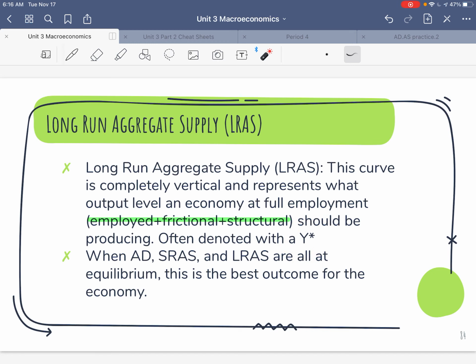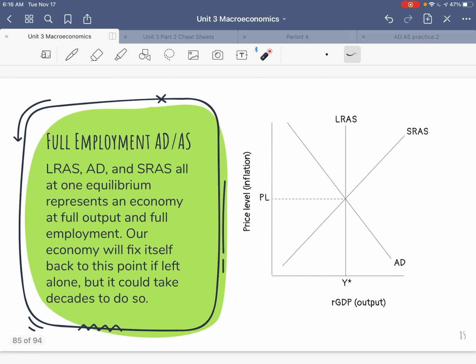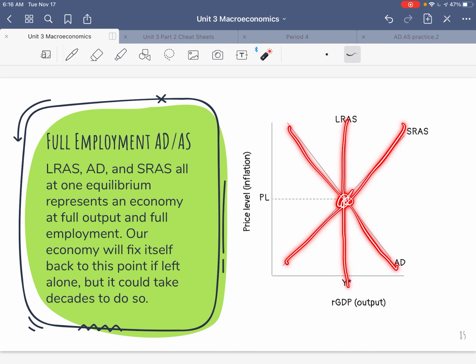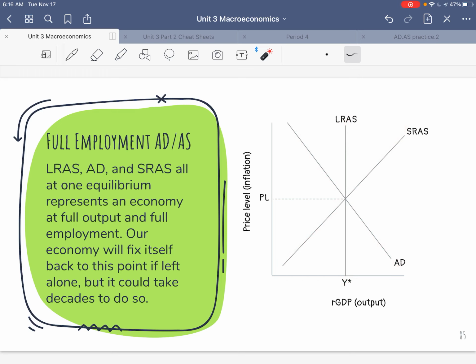So the best outcome is when LRAS, AD, and SRAS, their equilibrium is all the same. And that's what this looks like right here, okay? So we have the AD curve, the SRAS curve, and the LRAS curve, where they all meet is 1 point, and that's equilibrium. And this represents an economy that is perfectly in sync.